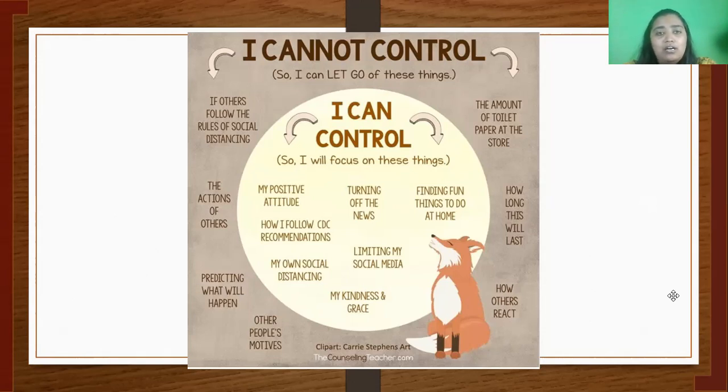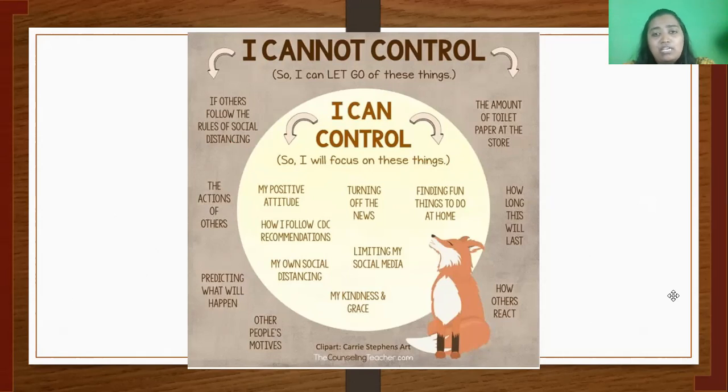So you need to take that off your mind and try to focus on something else that you can control, like your positive attitude. Turning off the news if required, when too much news is also not good for you, because it's causing you stress. How to follow recommendations by professionals. Then finding fun things to do at home, especially during the COVID times.